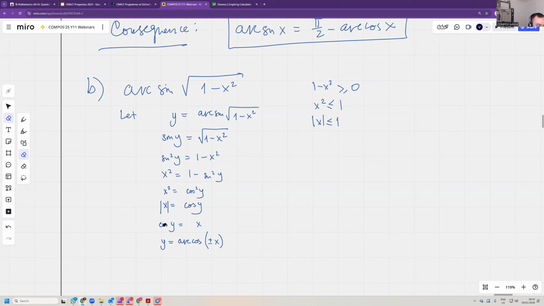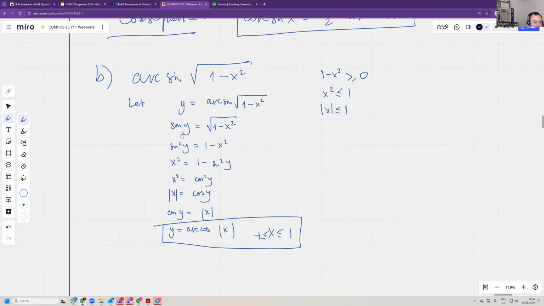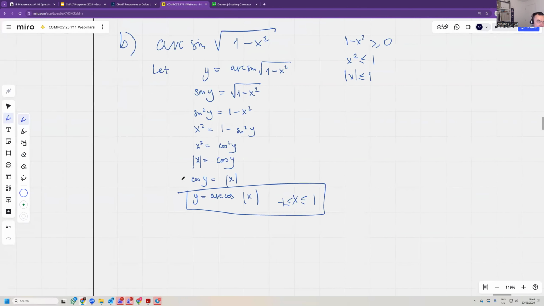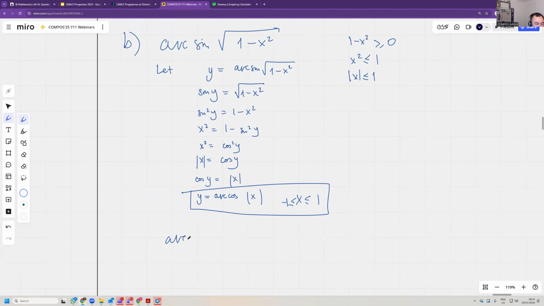Okay, and then you can have arc cos modulus x, where x is between minus 1 and 1 again. So in effect, what we have achieved is that arc sine square root of 1 minus x squared is the same as arc cos modulus x.